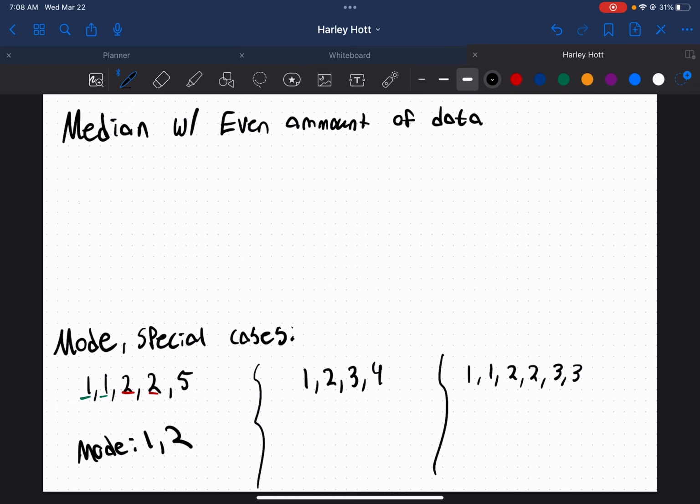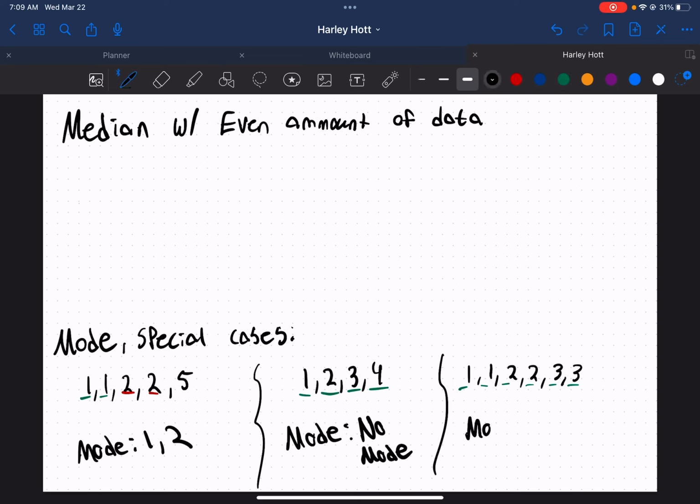In a similar manner, when we look at this data set, there is no number that sticks out above the rest. They are all as equally common as each other. They're all tied for first. So because they're all tied, what we have here is no mode. You can write that, just no mode. The same is true here. Even though they're both more common, they're all tied for first.